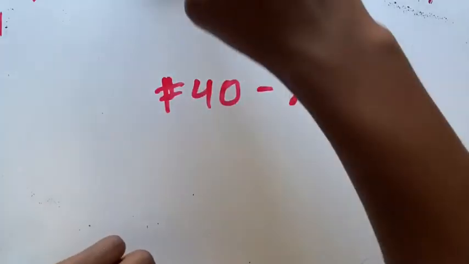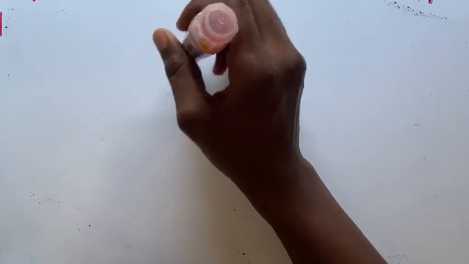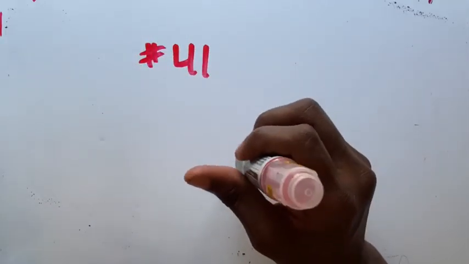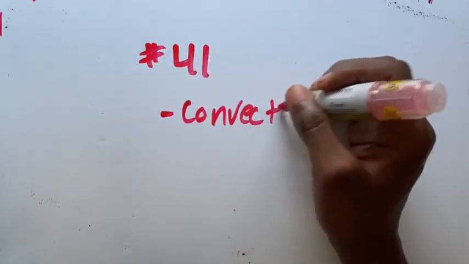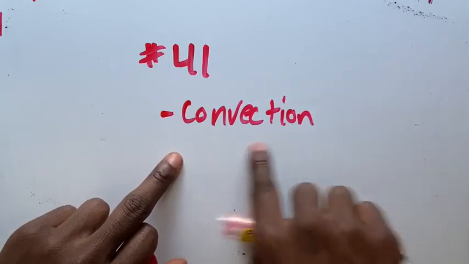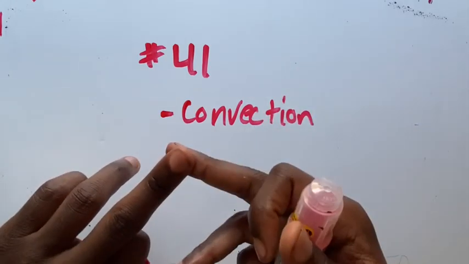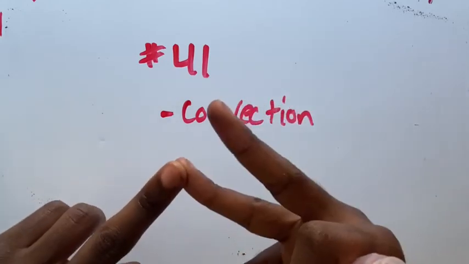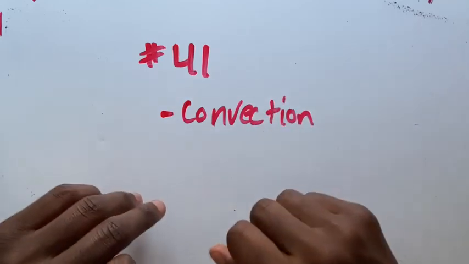41 says the process of convection occurs in what? Well, the answer to that is going to be D, fluids. Convection is one of the three forms of heat transfer. Conduction is heat transfer through direct contact. Then there's radiation, which is heat transfer through electromagnetic waves.